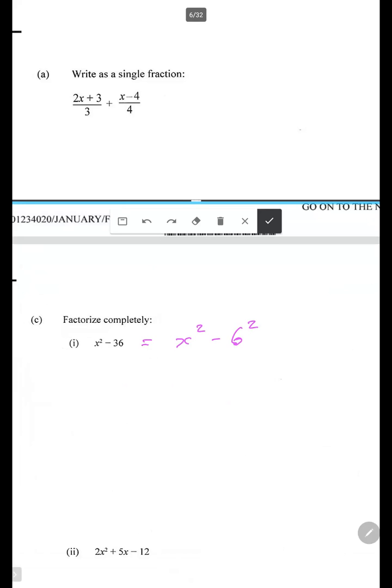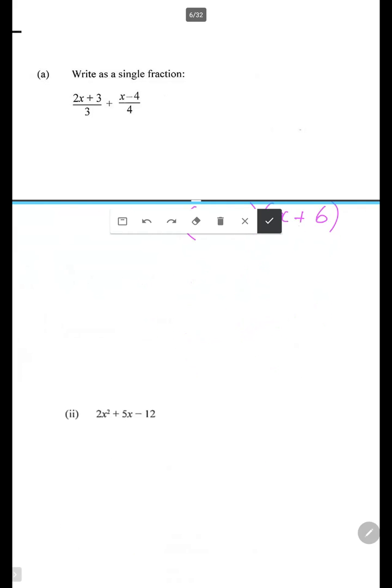When we apply the rule of the difference of two squares, it becomes x minus 6 times x plus 6. Basically, that's how we factorize the difference of two squares: the difference of the two values times the sum of the two values.